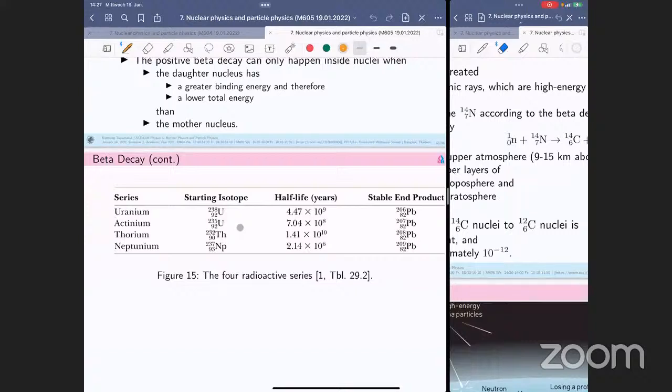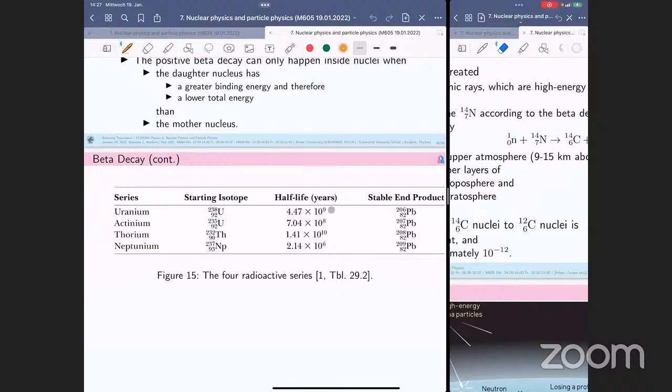It's also an unstable version, but this would not last quite as long as the first version 238. Once you have more neutrons, they're going to be packed more stably, right? More stable. The half-life of the first series lasts on the scale of 1,000 million years.